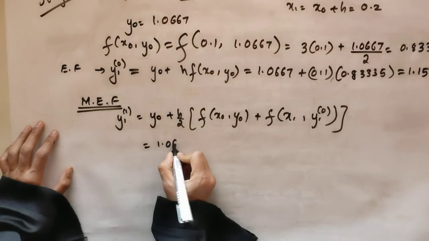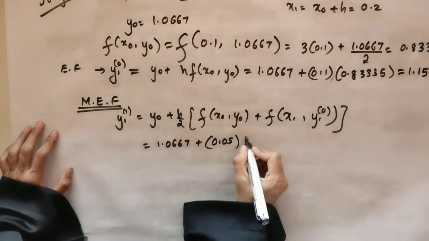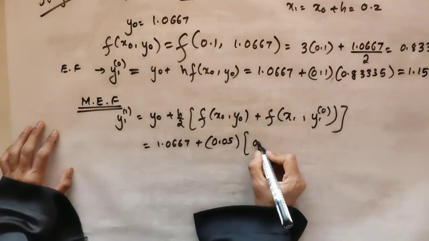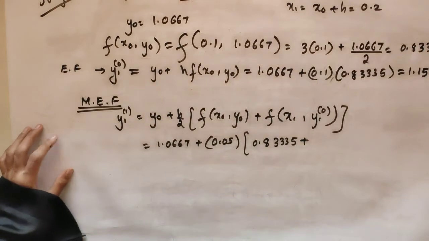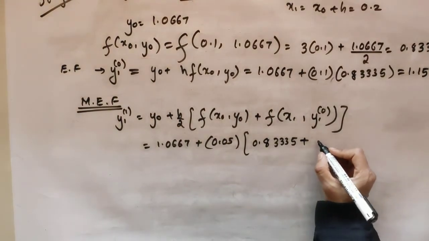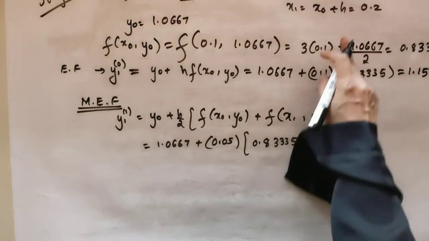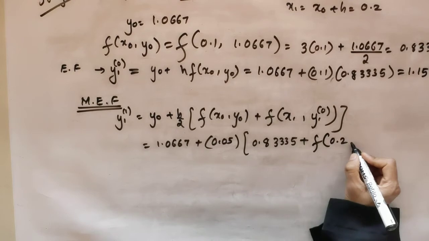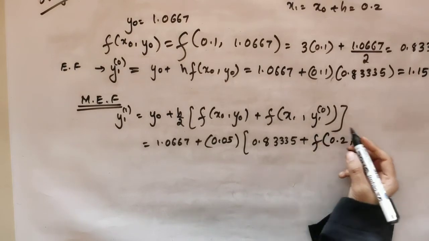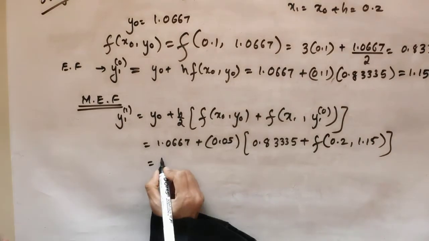It is 1.0667 plus h by 2, which is 0.05, times f of x naught, y naught, which is 0.8335, plus f of x1. This time x1 is 0.2. So let us write f of 0.2 comma y1 initial approximation, which is 1.15 here.